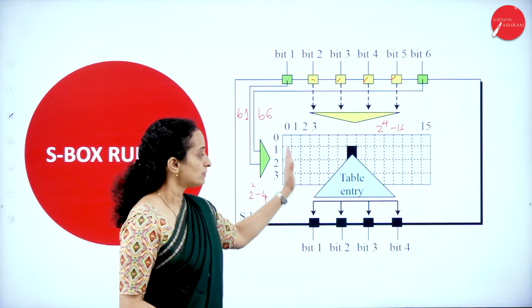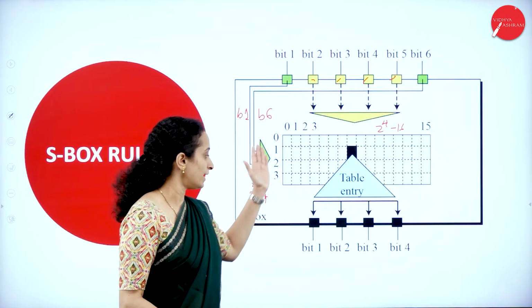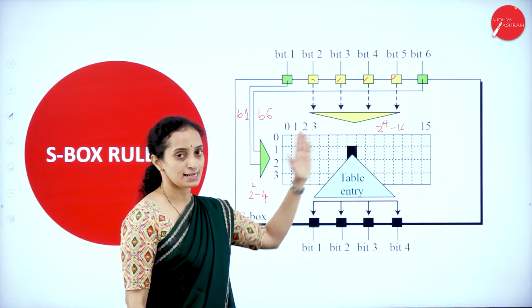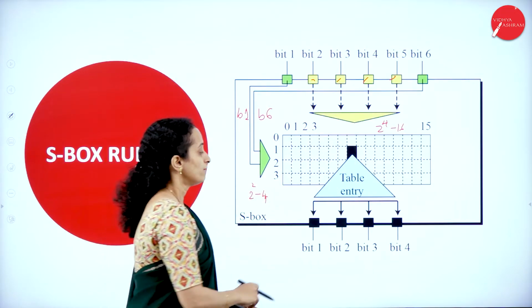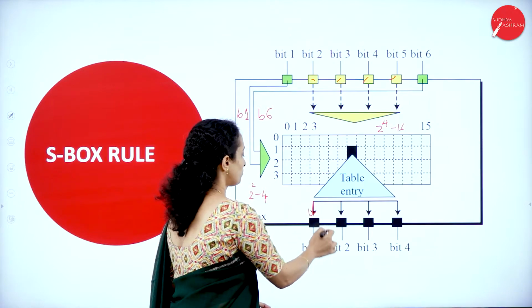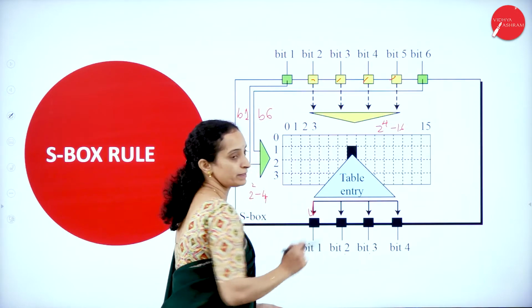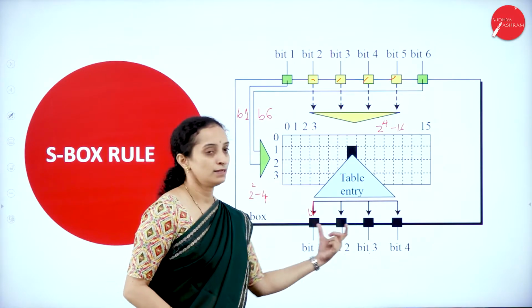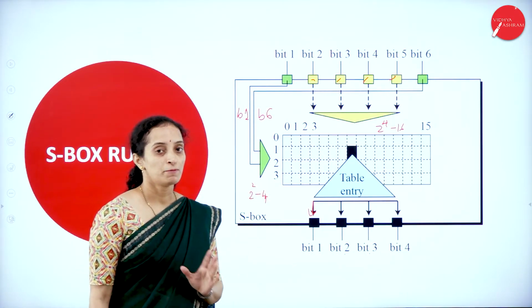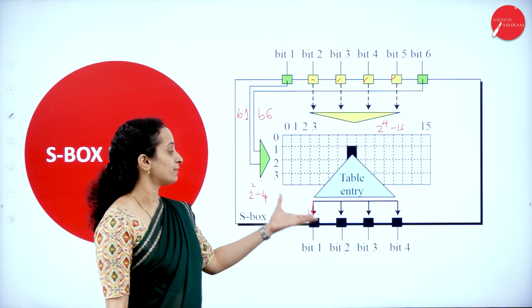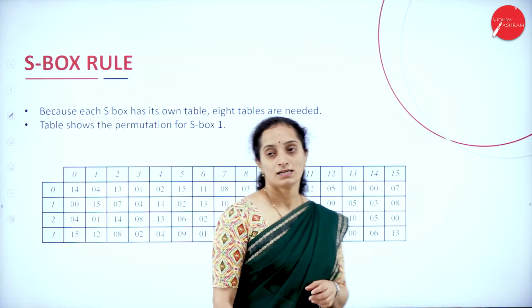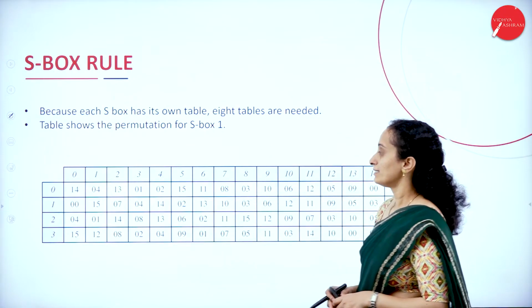So we make a table of 16 columns and 4 rows, which gives an output of 4 bits. How are they generating 4 bits out of 6 bits? Let's check with this table.